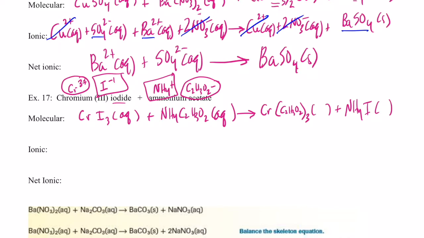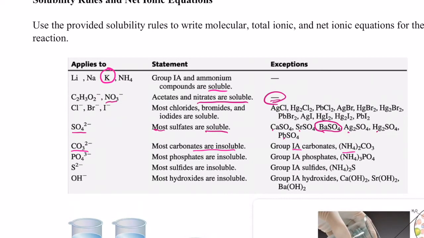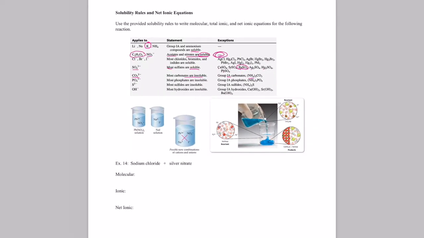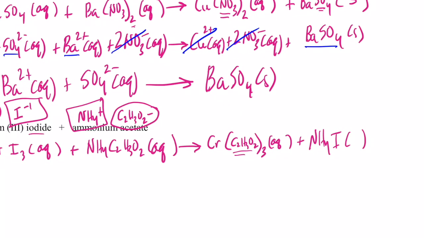So let's look up the solubility rules for acetate first. So we'll go to the previous page and find acetates. Here it is, acetate. All acetates are soluble and no exceptions. So that'll be an (aq) after that one. And how about ammonium iodide?